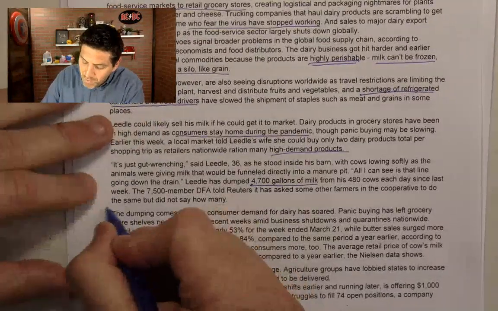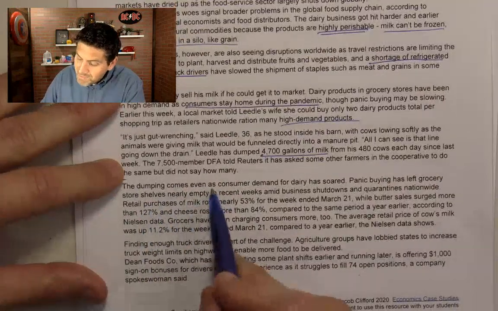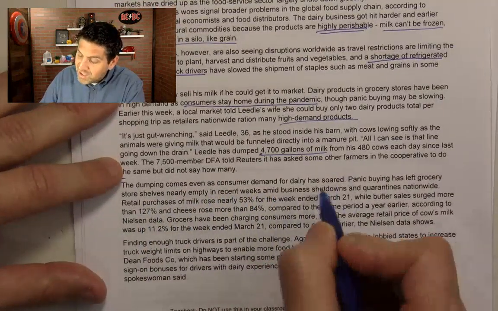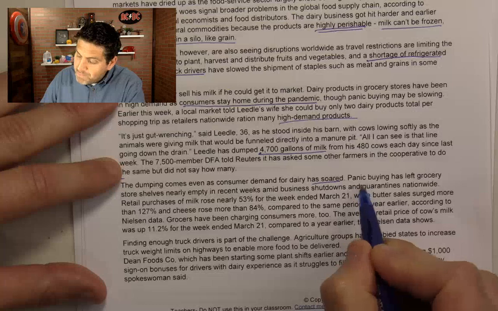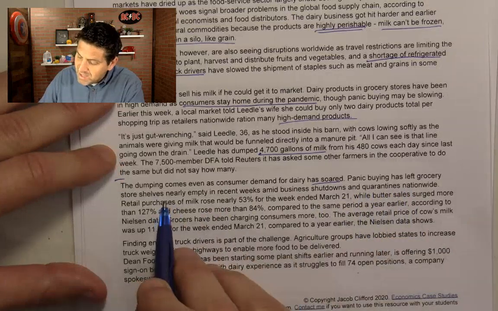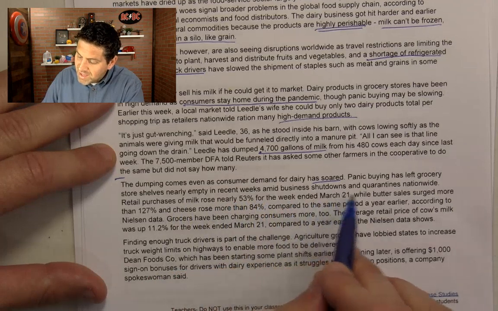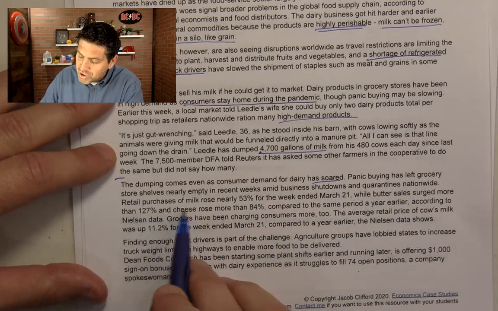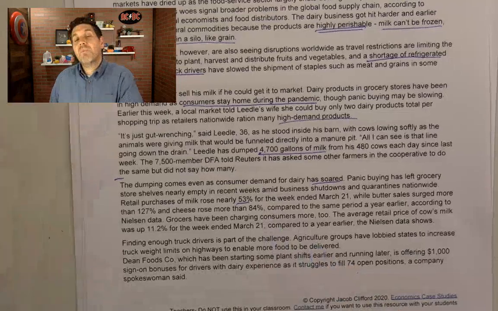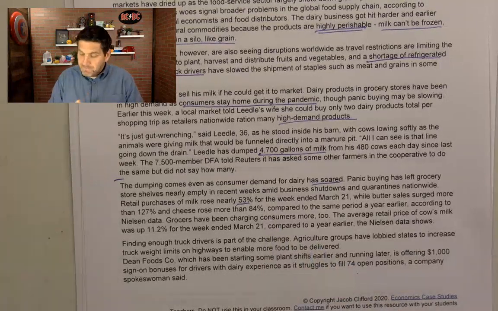All right, this is the part I really want you to pay attention to. The dumping comes even as consumer demand for dairy has soared. We already established that. Panic buying has left grocery stores' shelves nearly empty in recent weeks amid business shutdowns and quarantine nationwide. Retail purchases of milk rose 53%. Okay, now we can put some numbers to this.